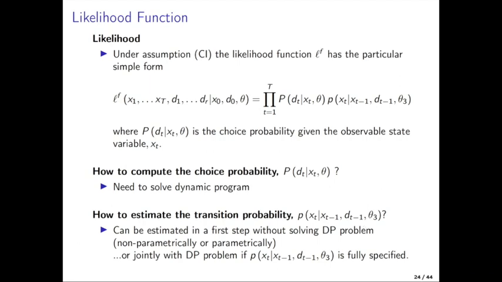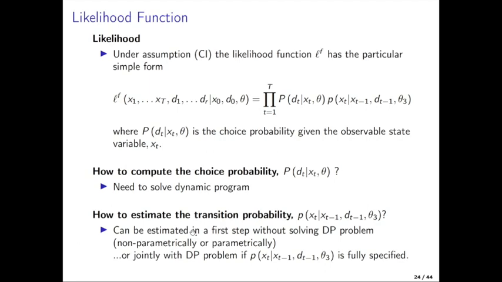This is feasible because of the conditional independence assumptions. None of the remaining parameters inside theta that index the utility function affect the choice probabilities and also index the transition density. So in that sense, we can estimate it in a first step.